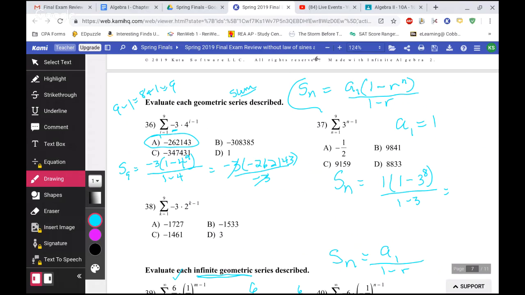So this is going to be negative. Okay, I've got 3 to the 8th, and then 1 minus 3 to the 8th. I got negative 6560 all over negative 2. Anybody else get something different?